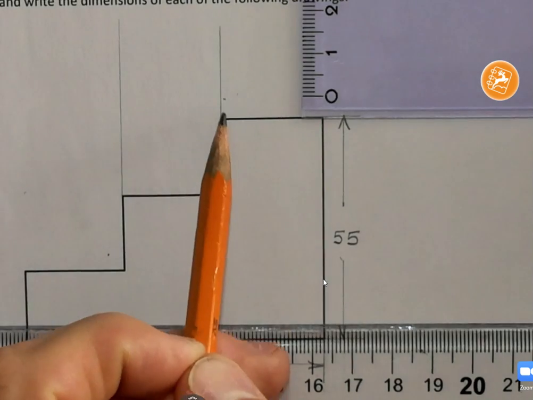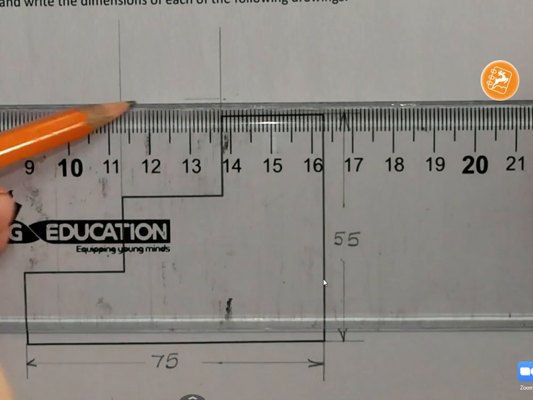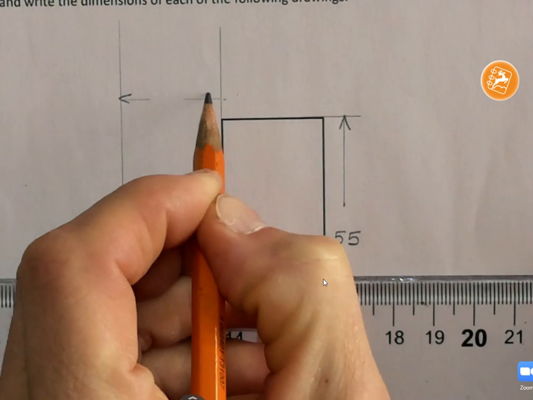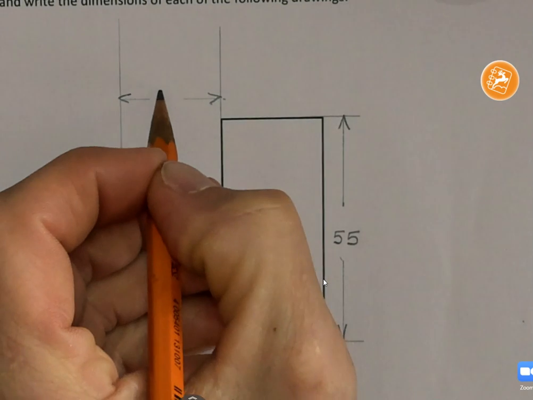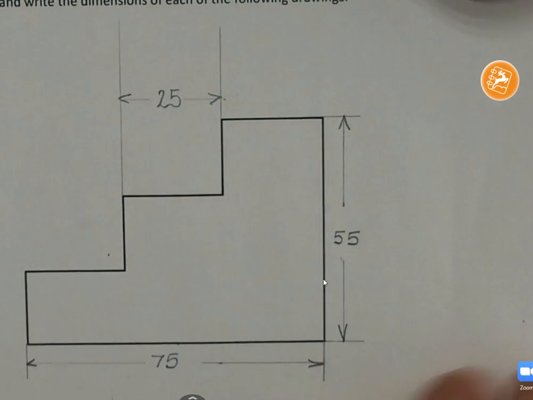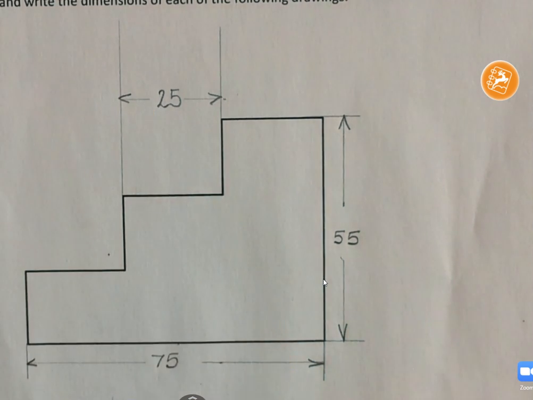So measuring up 5 from here, we'll now draw a line across here like that, leave a gap in the middle. 25. Okay, so 20 and then 5. So keep your lettering, your numbering nice and straight, and the same size.